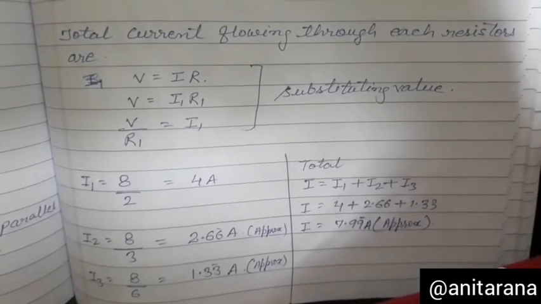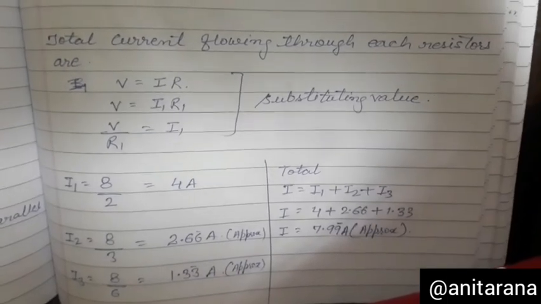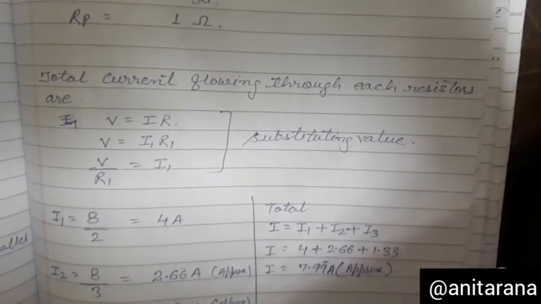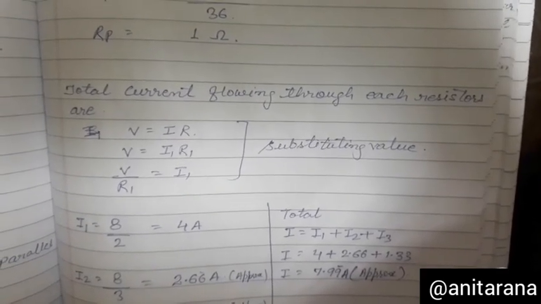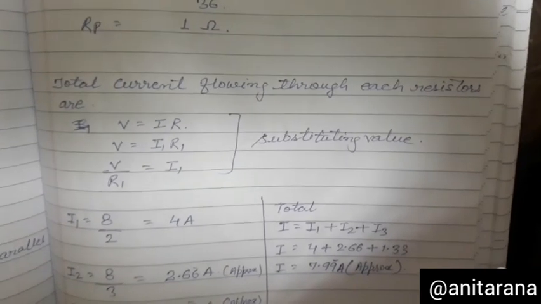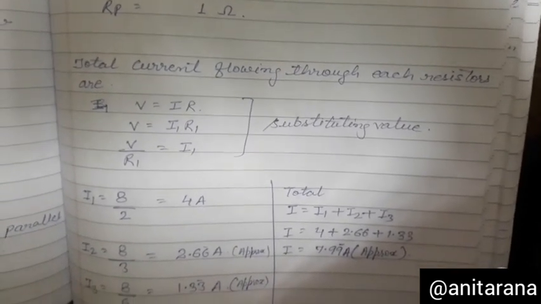From here we get the value 7.99 approximately, or it may be 8 ampere. Clear to all? So this is all about how we can calculate the total resistance and current when the resistors are connected in parallel. Thank you.